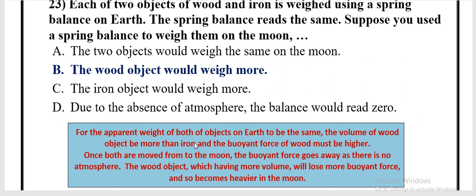For the apparent weight of both objects on Earth to be the same, the volume of the wood object must be more than the iron, and the buoyant force on the wood must be higher, as the buoyant force equals rho Vg, and the volume here is larger, so the buoyant force will be larger.